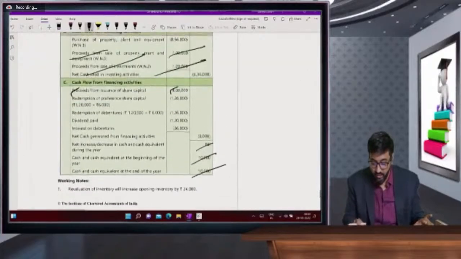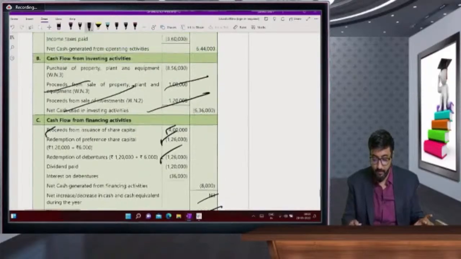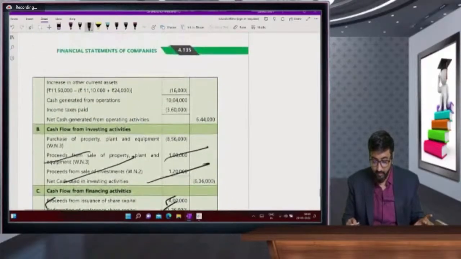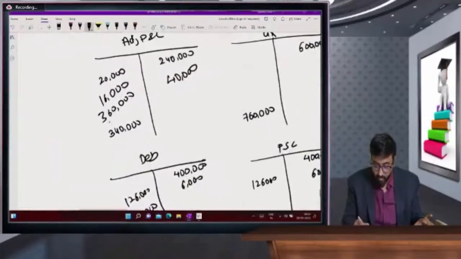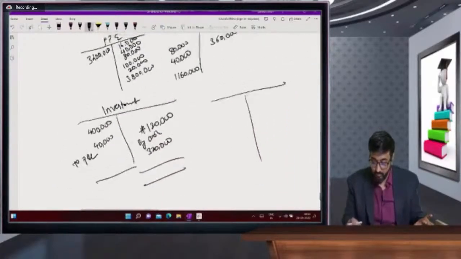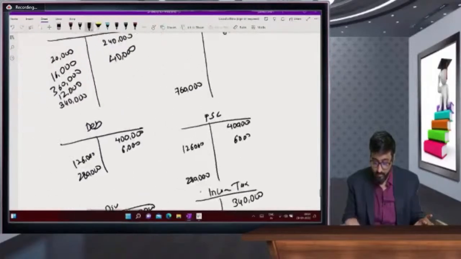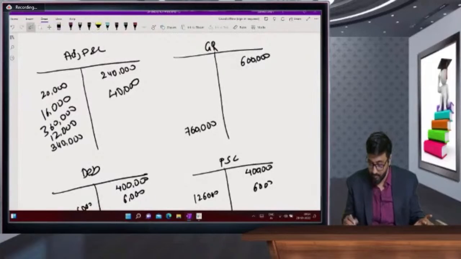You can check here: redemption of debentures and redemption of preference shares, 126, 126. And 6,000 you will write in profit and loss account. 12,000, 6 plus 6, adjusted P&L. 6 you will write in adjusted P&L. Extra 12,000.